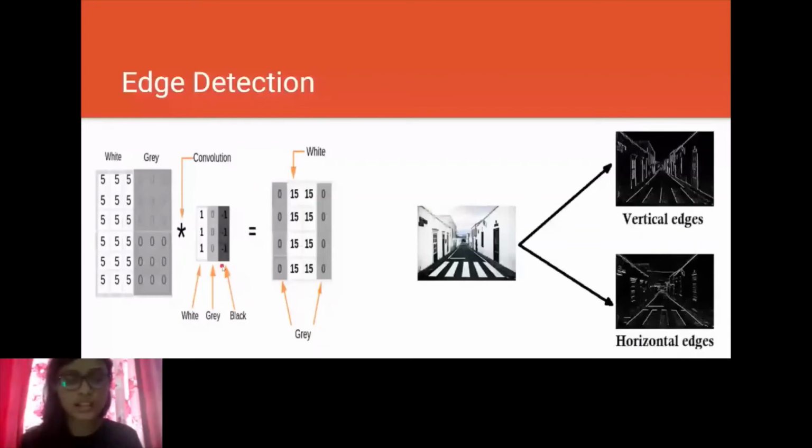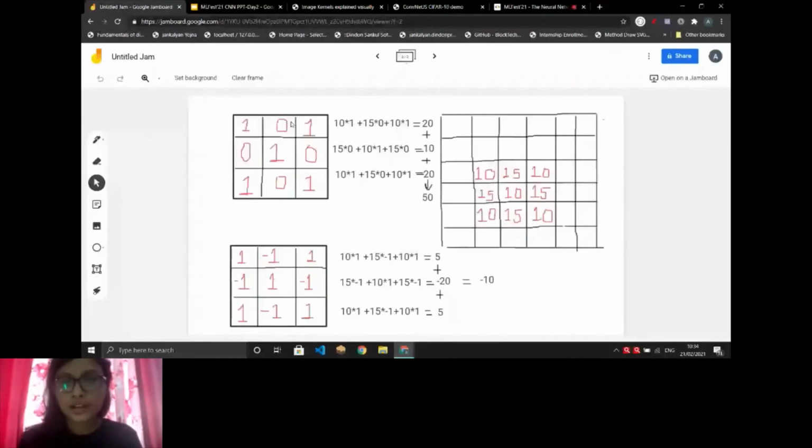Regarding that, I'll go to the Jamboard and we will get an intuition regarding why we have used -1 in our filter. You can see, I have considered this as an image matrix. Okay. And this is a region in which we have to detect a cross, meaning a cross line. And we have two filters, this one and this other one.